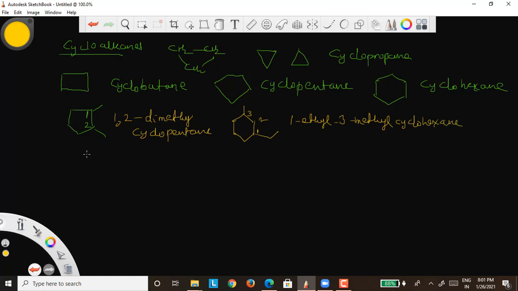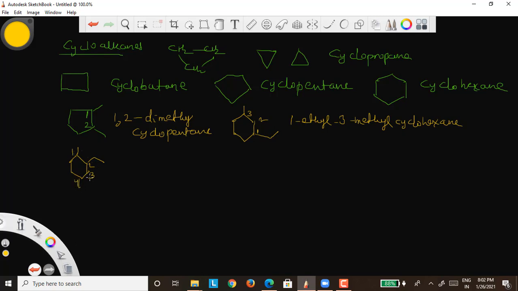So now let us add more groups here. Suppose you take here methyl, here ethyl group, and here one methyl group. Then how to give numbering? If you give one number here, 1, 2, 3, then this will become 4, 5, 6. Otherwise you can give 1, 2, or you can give 1, 2, 3, 4. The substituents should be included.